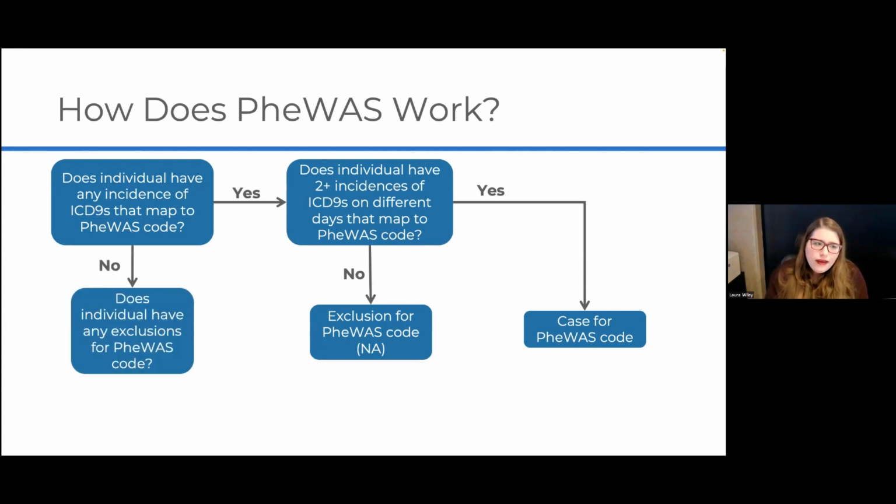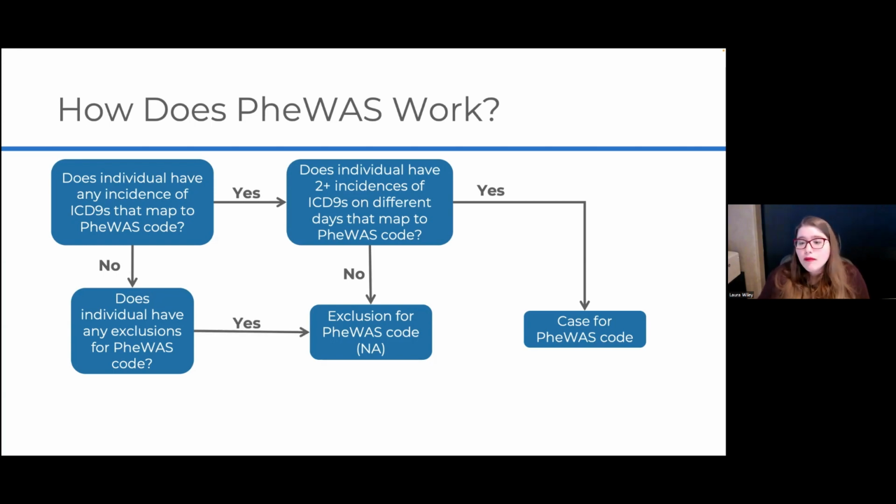If, let's say, they didn't have the ICD code at all, then we ask ourselves, do they have any exclusions? So we talked about this a little bit or alluded to it. Let's say I'm looking at a Phe code for rheumatoid arthritis. Because PheWAS started in omics analyses, we're thinking from a biological control context. So if I'm doing an analysis looking at rheumatoid arthritis, I would not want to include someone with lupus as a control because they have a shared autoimmune background.